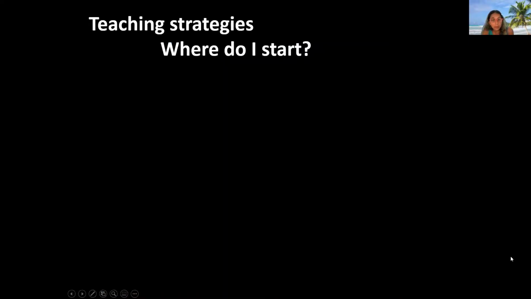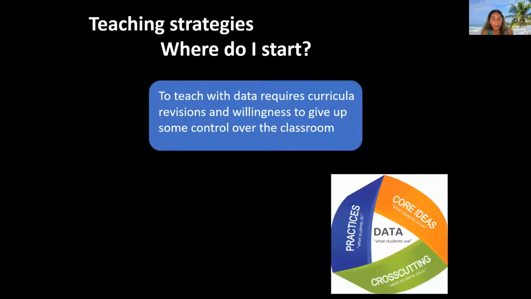So how do we start? This sounds easy because we all use to some extent data in our teaching, but as I said, this has to be deliberate, which means that we have to be able to reform or revise our classes and be willing to lose some control over the classroom because the students are going to be doing most of the learning themselves.